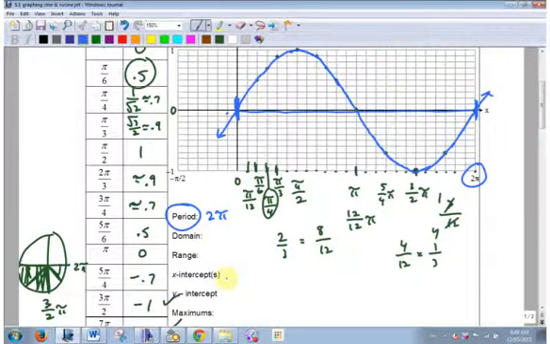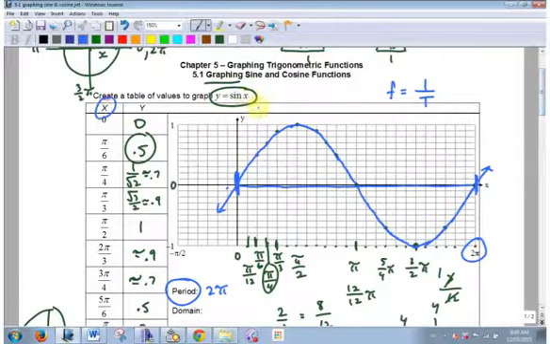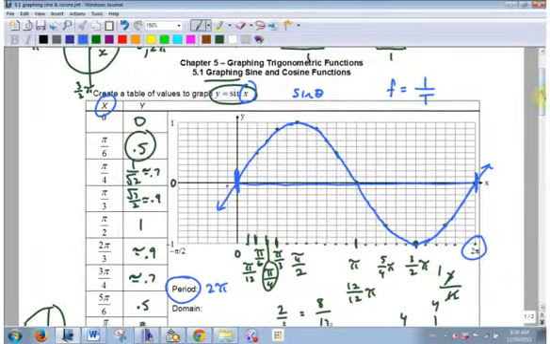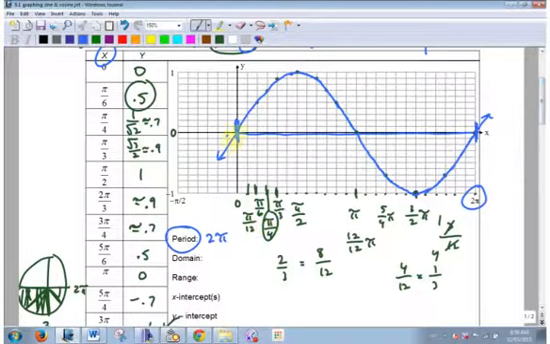What's the domain? Domain here is x, so we're going to call it x. Maybe in your assignment they won't have an x there. Maybe they'll have a theta, in which case your domain is in terms of theta, not x. But we got an x. How far does this go left? I didn't plot the negatives, but I could have. It would have been the same thing, just another one that way. What's my domain?